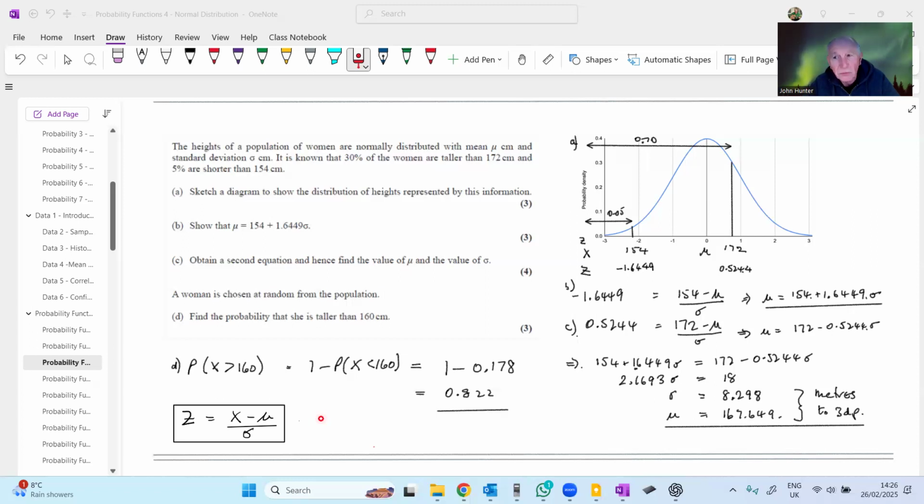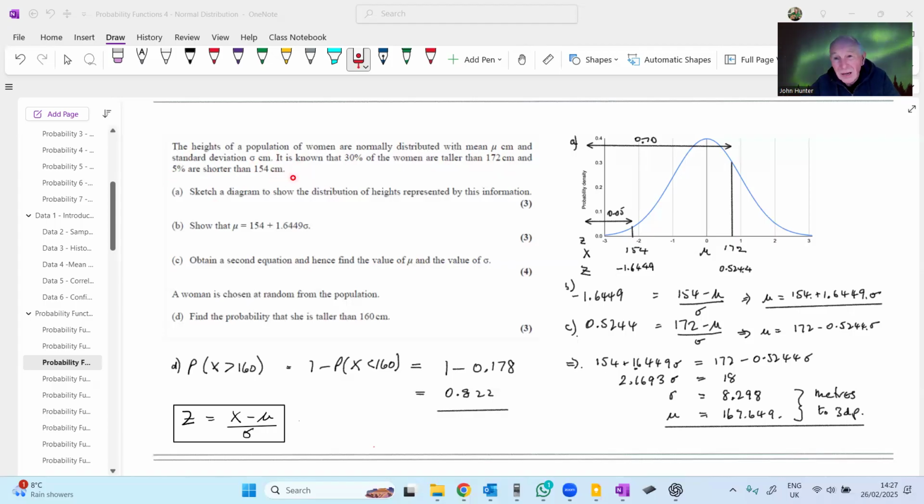What happens, of course, if we don't know the mean and the standard deviation? Well, that's what this problem is about, essentially. So let's have a look at the actual problem and see where it takes us. The heights of a population of women are normally distributed with mean mu and standard deviation sigma. It is known that 30% of the women are taller than 172 and 5% are shorter than 154.